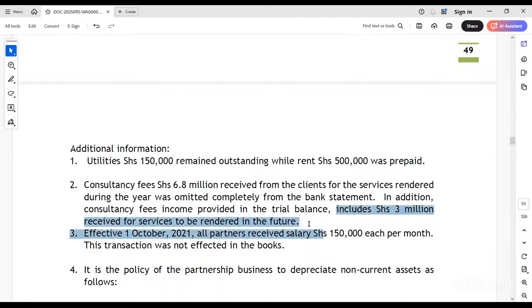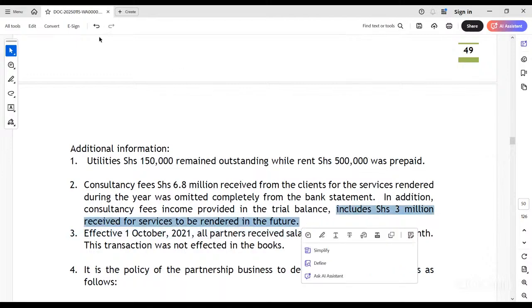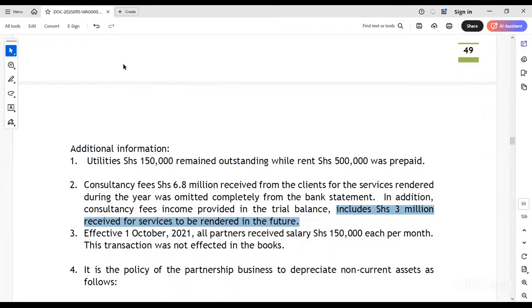This is a prepayment, income received in advance. But remember, in the trial balance, there is prepaid income somewhere. So we are going to adjust the prepaid income by adding an extra 3M. In addition, the consultancy fees income provided in the trial balance, not this 6.8, includes the 3 million for the services to be rendered in the future.